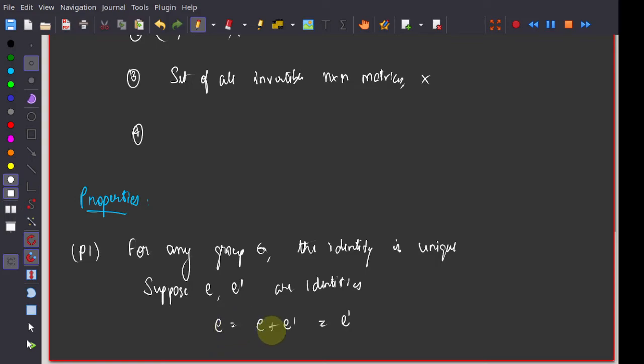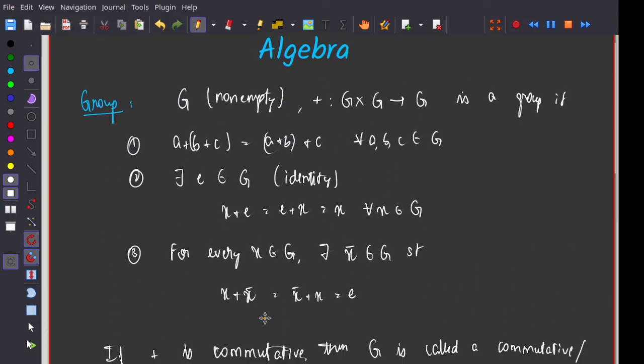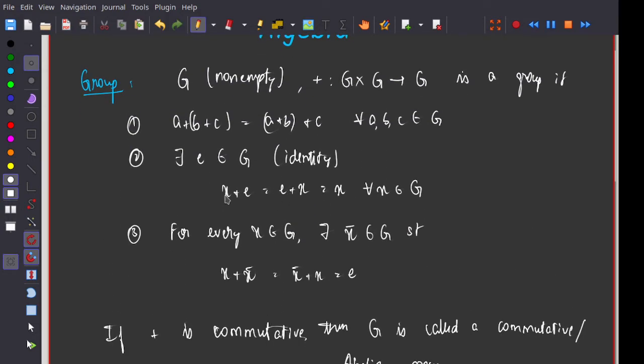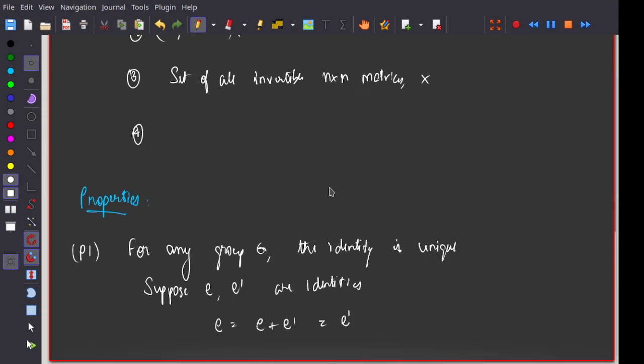So that is why it is important to say that x plus E is equal to E plus x equal to x. In this case, we've used the fact that x plus E prime is equal to x. So this is sort of addition from the right. But in the second step, we use the fact that E plus x equals x, addition from the left.